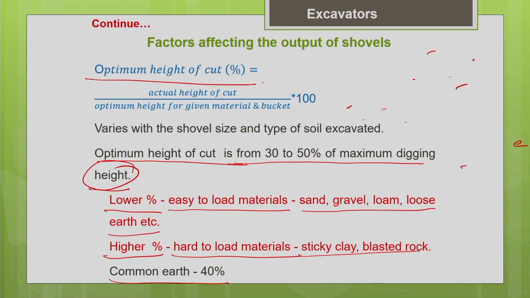So, the optimum height of cut percentage is nothing but actual height of cut divided by optimum height for the given material and for the given bucket, that means for the given dimension of the shovel.